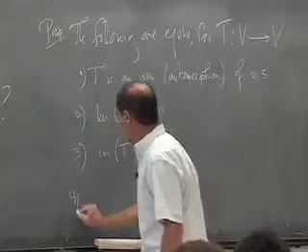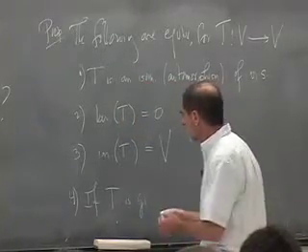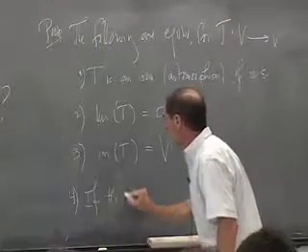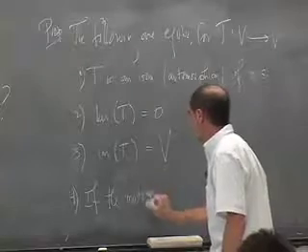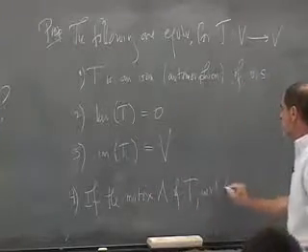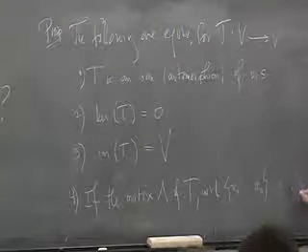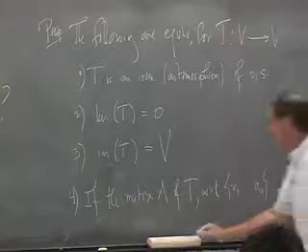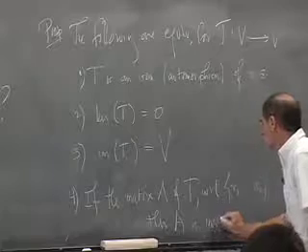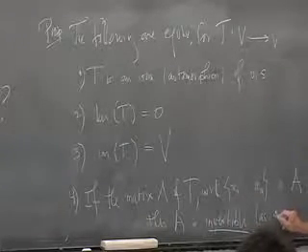4, if T is given, the matrix A of T with respect to the basis V1 through Vn is A, then A is invertible as an n by n matrix.